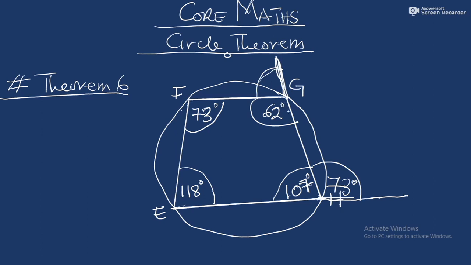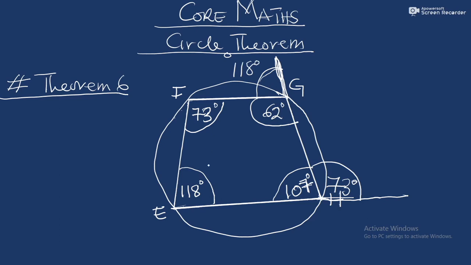Now this line is a straight line, so angles on a straight line will add up to what? 180 degrees. So if this place is 62, plus what angle will it give us? 180 degrees. And you can also bear with me that it will be what? 118 degrees.